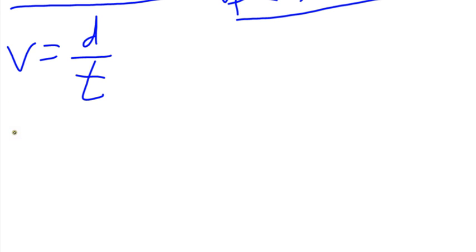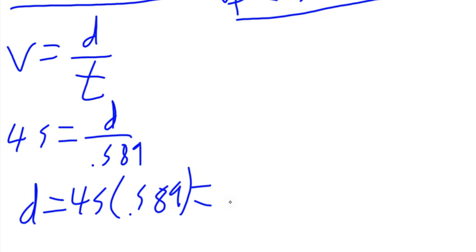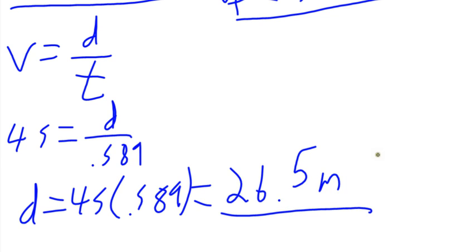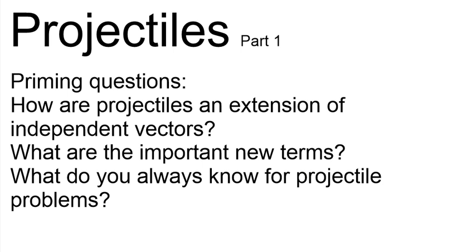So 45 is equal to d over 0.589. So you can pretty clearly see that d is going to be equal to 45 times 0.589, which gives us a range of 26.5 meters. And that is our range going east. And that's it. And here are your primary questions again.